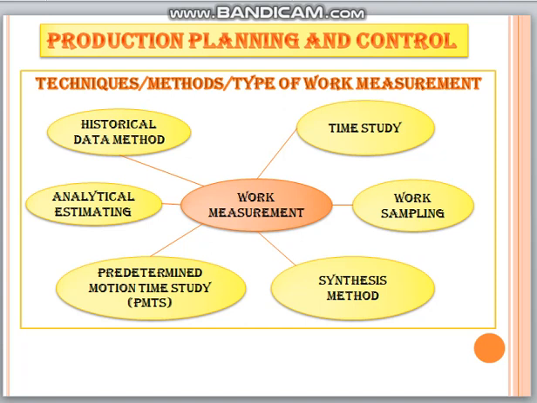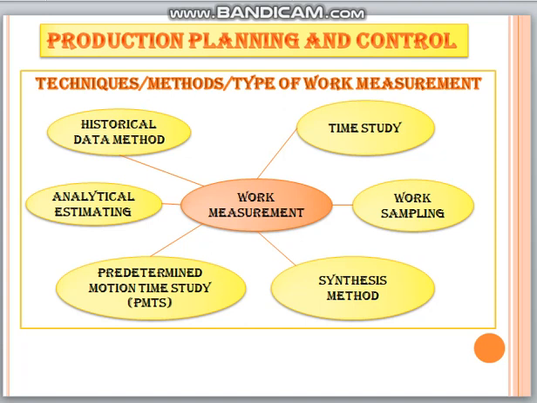To follow this time study, some steps are to be followed. First, we select the job which is to be worked. Next, for this selected job we implement a standard method, which is the method by which the job has to be produced. That is the second step.